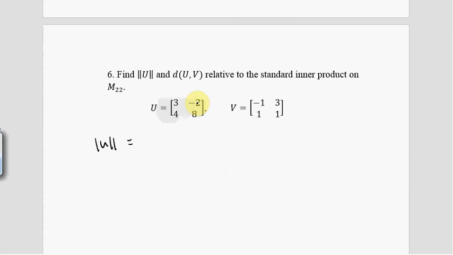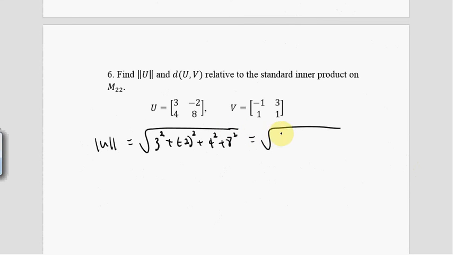Each component squared, you add them up. So this is 3 squared plus -2 squared plus 4 squared plus 8 squared. So we get here the square root of 9 plus 4 plus 16 plus 64.